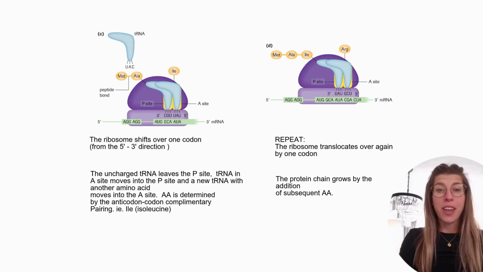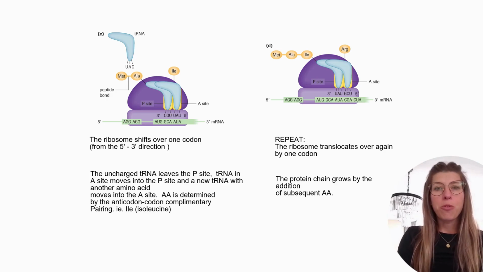And a new tRNA with another amino acid moves into the A site. Okay, so the tRNA is always shifting into the P site as a new one comes into the A site as the ribosome keeps moving along the mRNA from the 5' to 3' direction. The amino acid is determined by the anticodon-codon complementary pairing, again, as shown before.